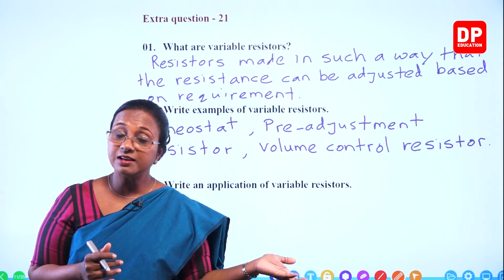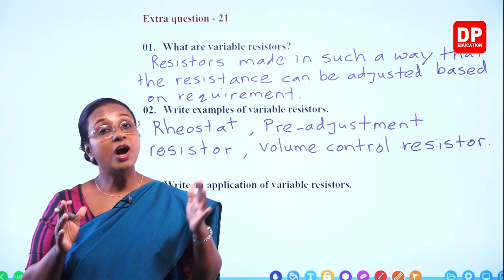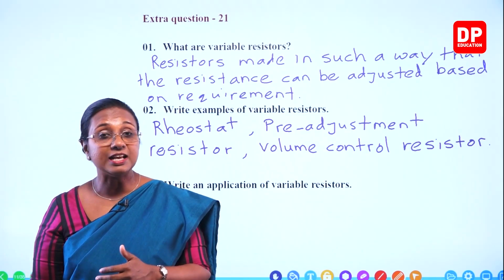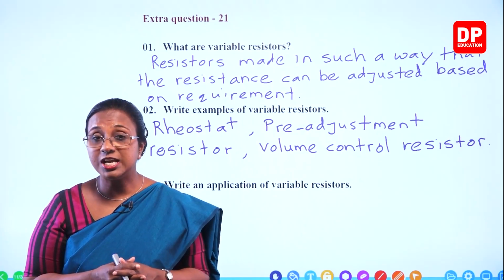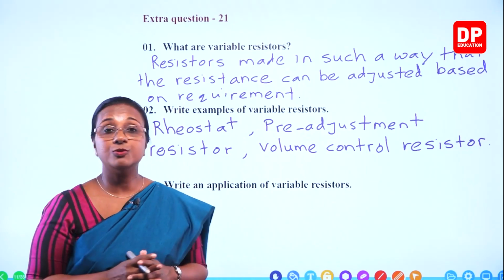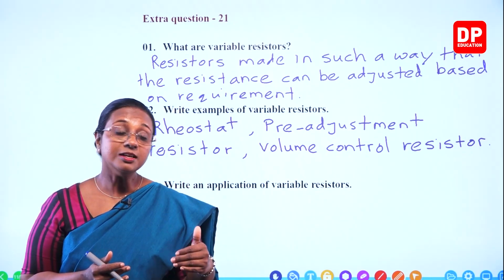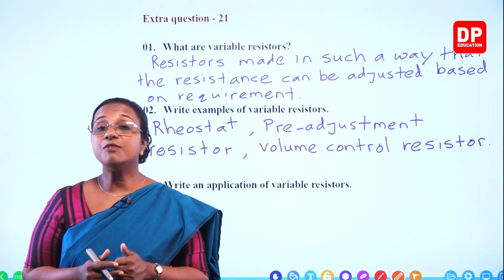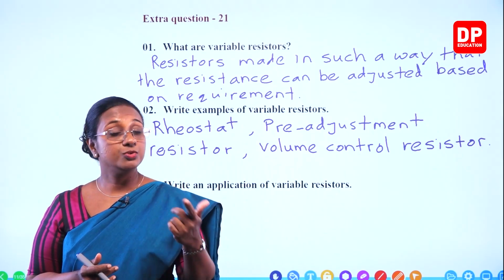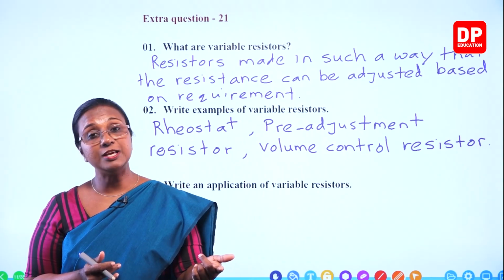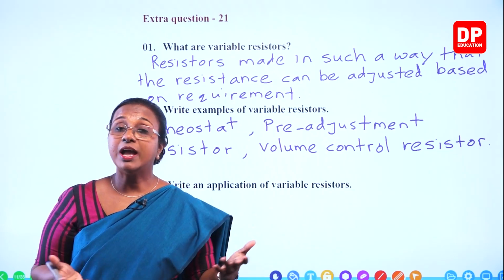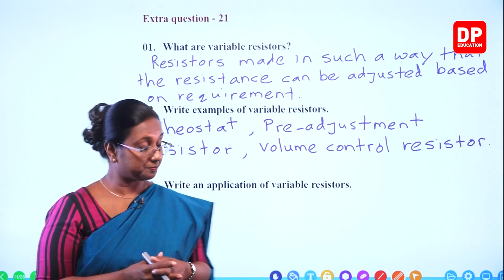You can use it in the radio to control the volume, or else you can use the same volume control resistor in an electronic circuit in order to change the resistance of the circuit. Either way, you can use that as well. So those are the applications of variable resistors: using them in laboratory activities, using them to control the volume of a radio, and also in electronic circuits. You can write any one of the three.